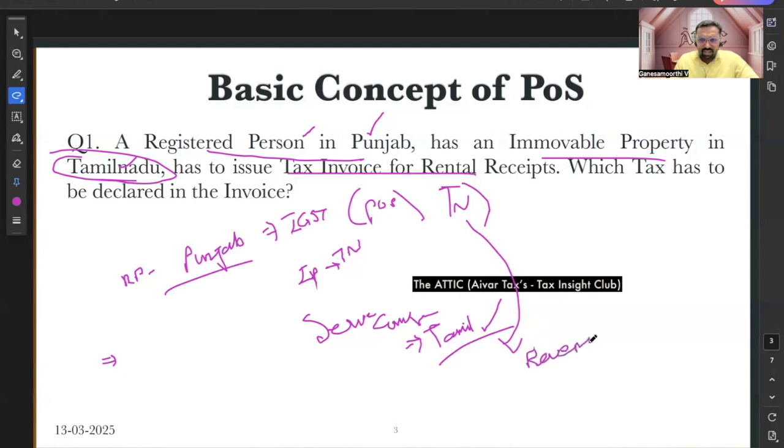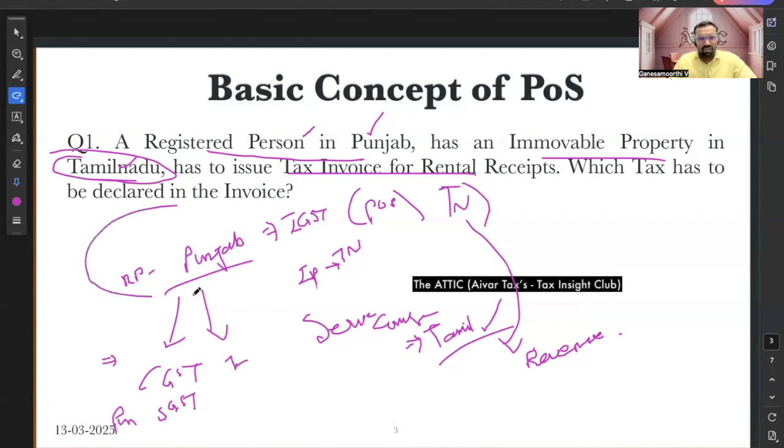That's all; there is nothing more to discuss. Suppose we collect CGST and SGST. He could collect only CGST, which would go to the central government, and he could only collect Punjab SGST. He cannot collect Tamil Nadu SGST.